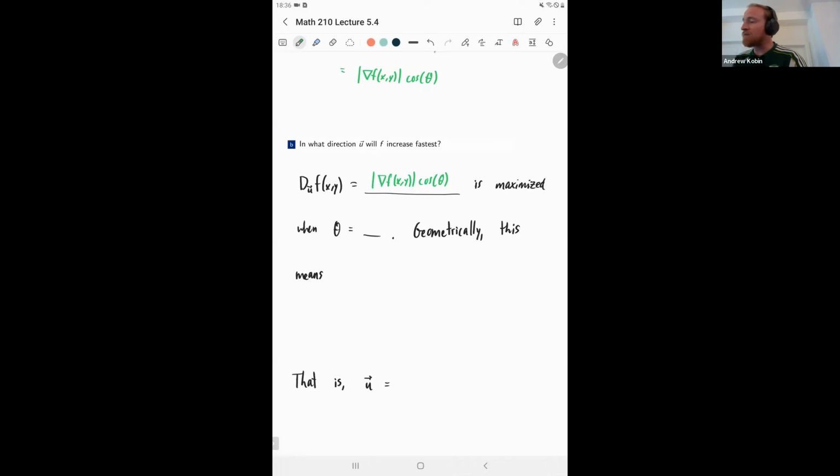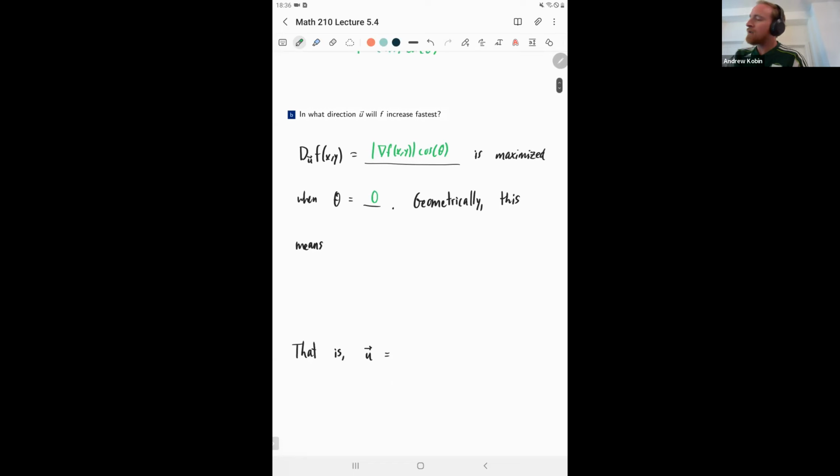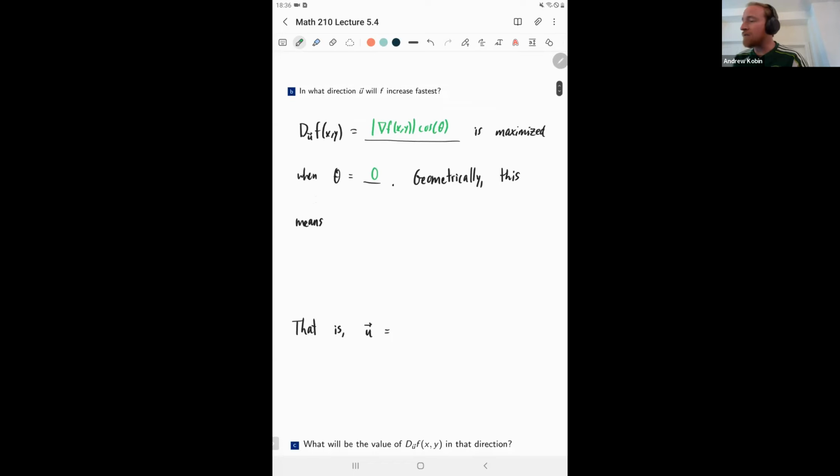And this is maximized when the cosine part is the largest it can possibly be, when cosine equals 1, or when theta is equal to 0. So geometrically, 2 vectors have an angle of 0 exactly when, and this is where I want you to pause the video and think about this for yourself, but I'm going to answer it now. 2 vectors have an angle of 0 when they point in the same direction.